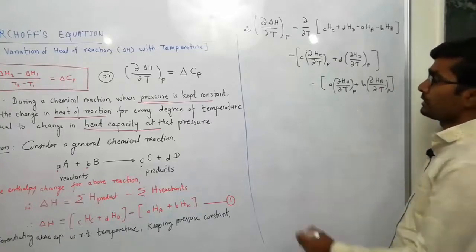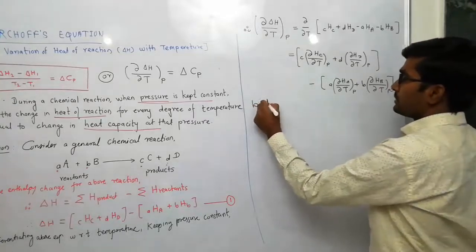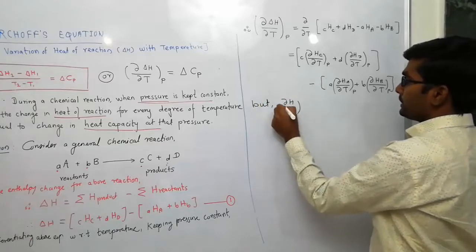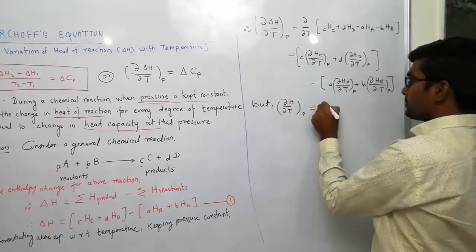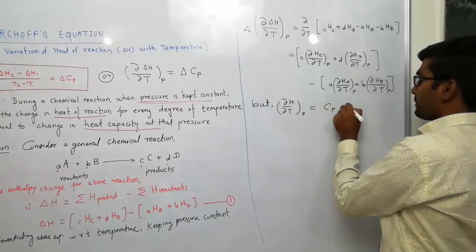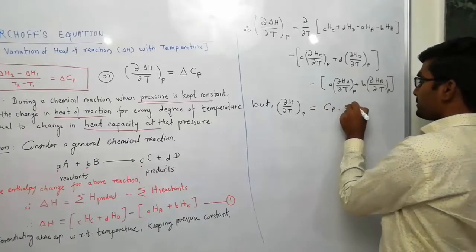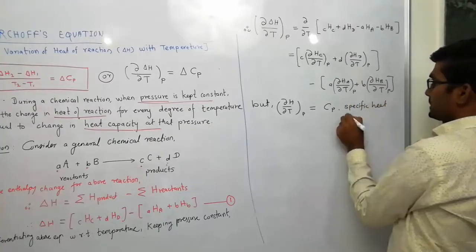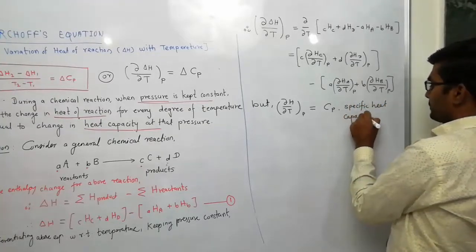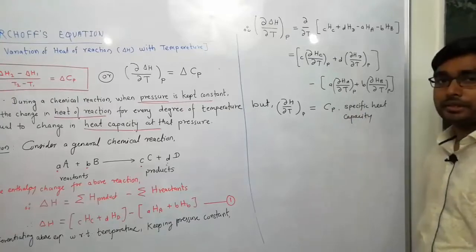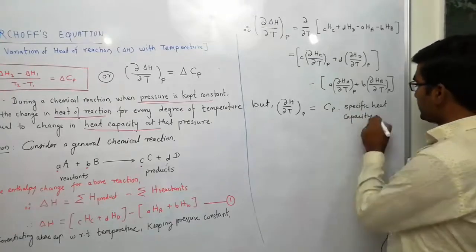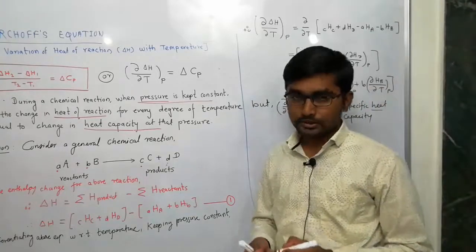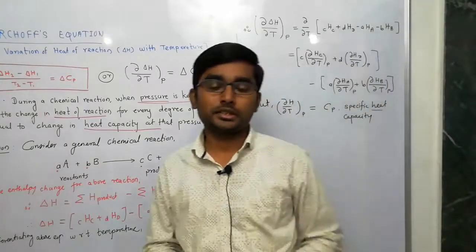So in this equation, delta H by delta T at constant pressure is equal to Cp, which is called the specific heat capacity. So what is the heat capacity? This is a very important concept in thermochemistry.